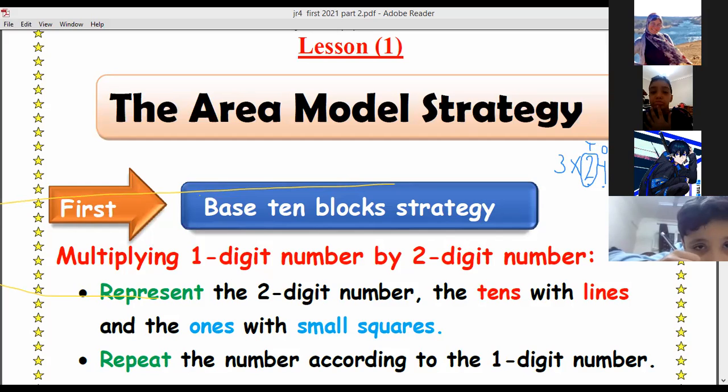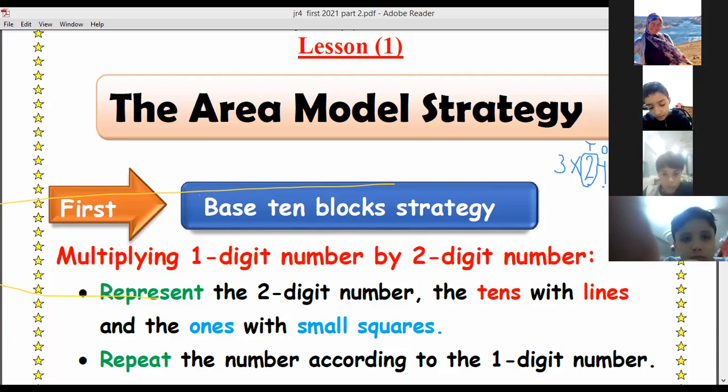So junior 4, I'm gonna repeat it again quickly, for the newcomers. So I have here 24. That means I'm gonna represent here 4 in ones. I draw 4 small squares, and here I have 2 in tens. That means I'm gonna draw 2 sticks. So now I have 24. I represented it by squares and sticks.